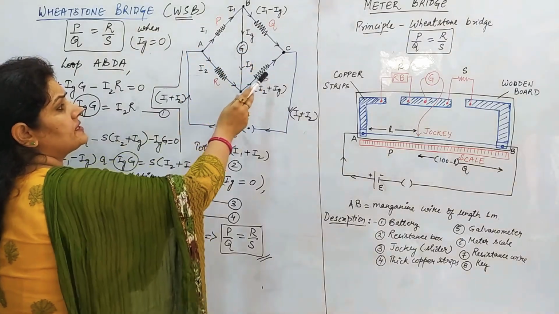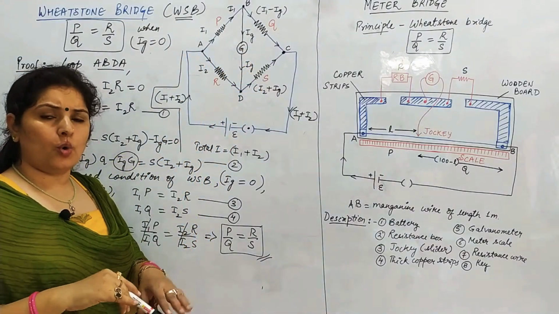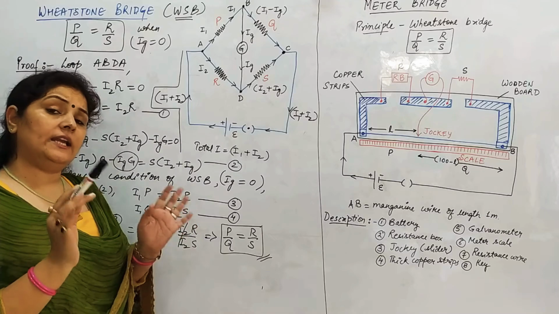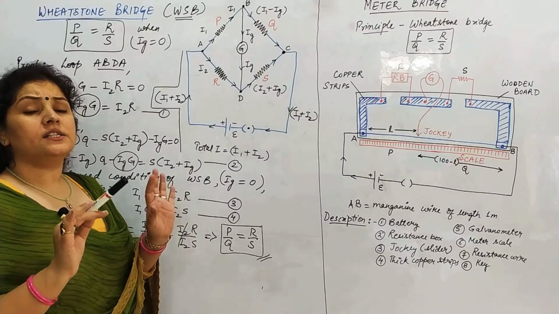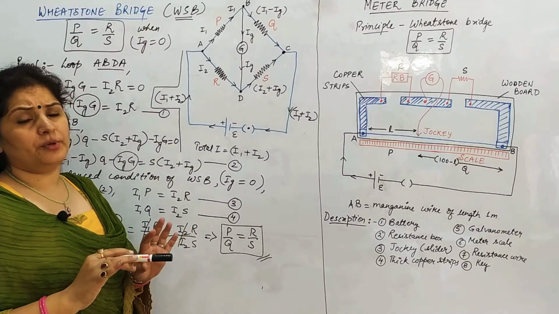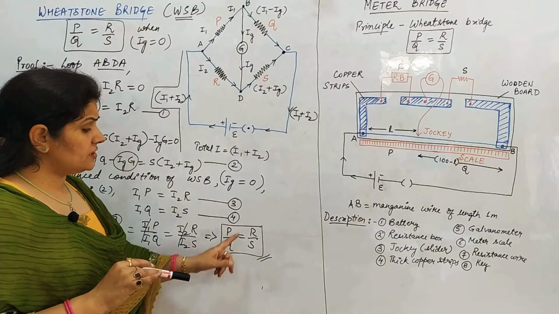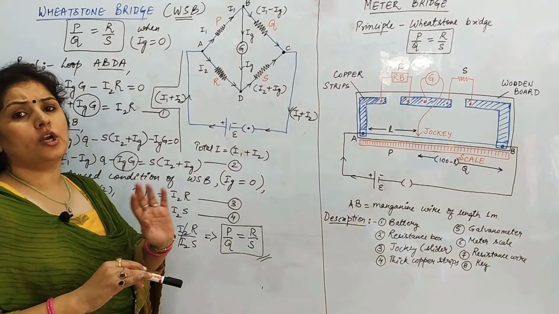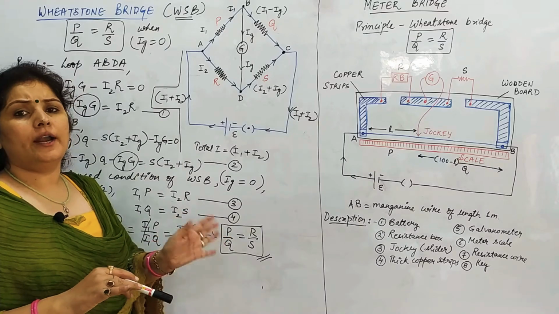Out of 4 resistances, 3 are known and the 4th one is unknown, and it is given that it is under the state of balanced Wheatstone bridge condition. Then using this formula, using this ratio, you can always find the unknown resistance.